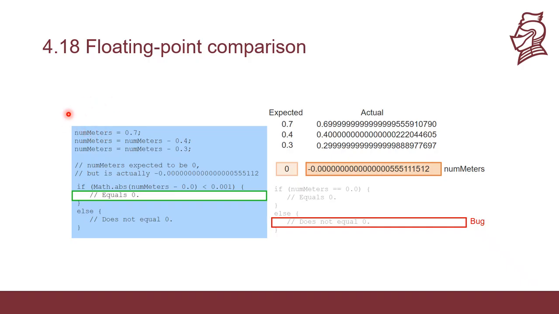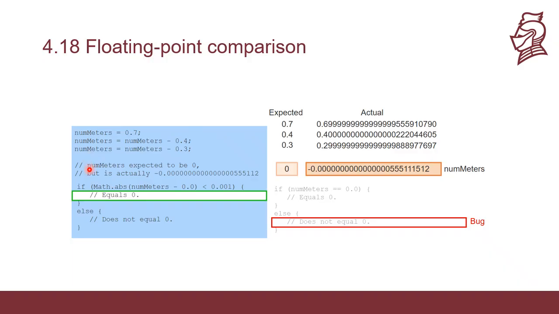I mean, we don't show all the code where it's been declared as a double, but it's equal to 0.7. And then we subtract 0.4 from numMeters and save that to numMeters. And then we subtract 0.3 from numMeters and save it back to numMeters. So 0.4 plus 0.3 is 0.7. So if we subtract those two values, numMeters should be equal to 0.